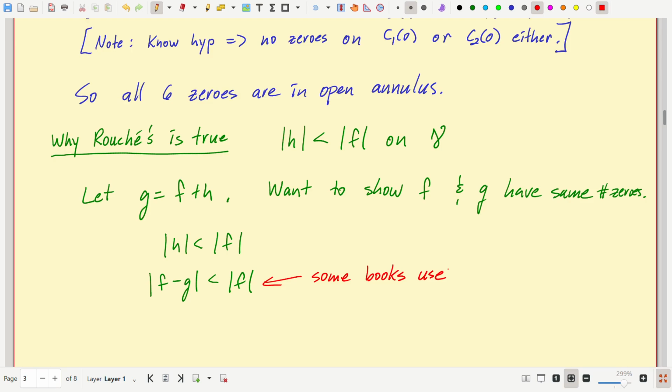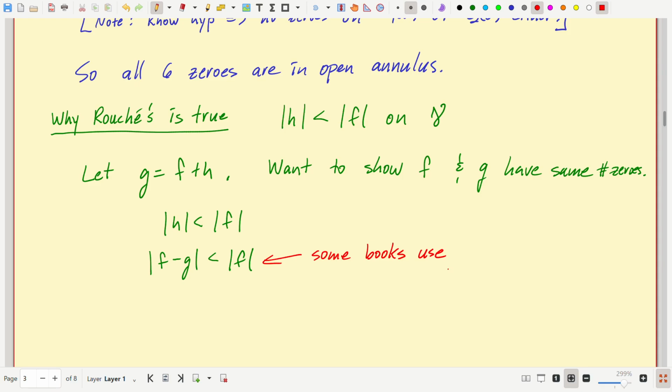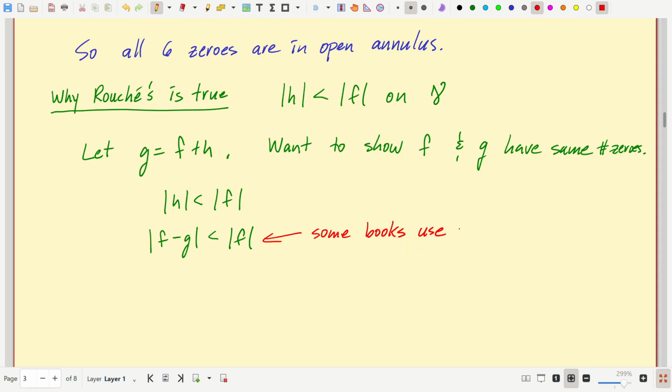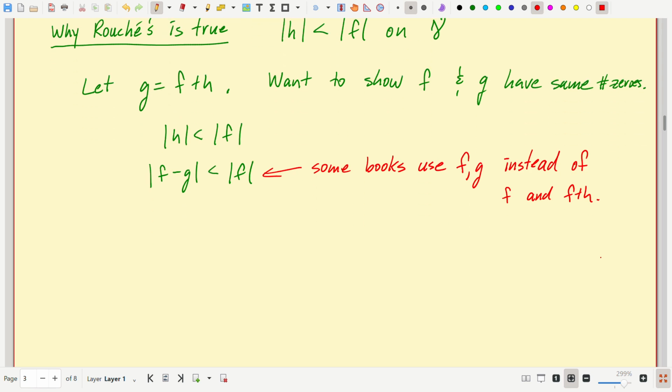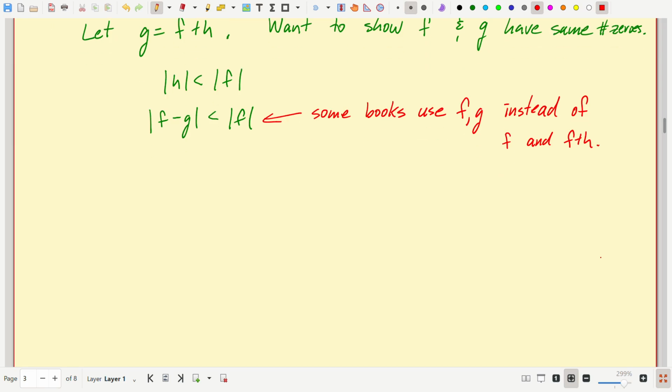So it's kind of easier, and I think that's why the book prefers this. And I used to prefer the F and the G, but it's changed my view. Some books use F and G instead of F and F plus H, but then it's harder to figure out which one's the big one. Well, it'd still be F, but it's hard to figure out what G is supposed to be.